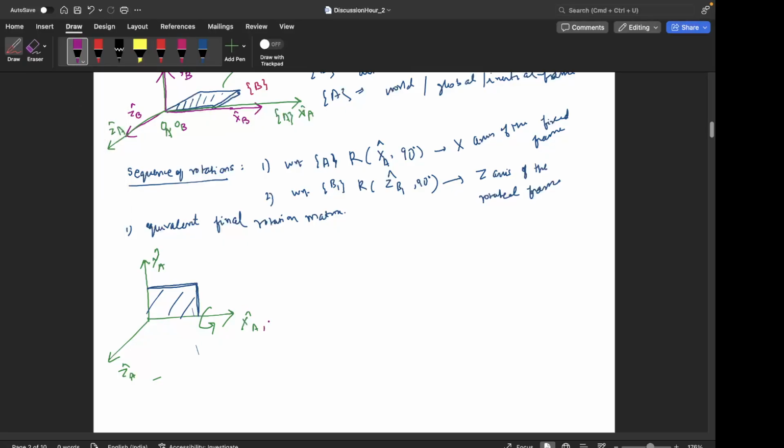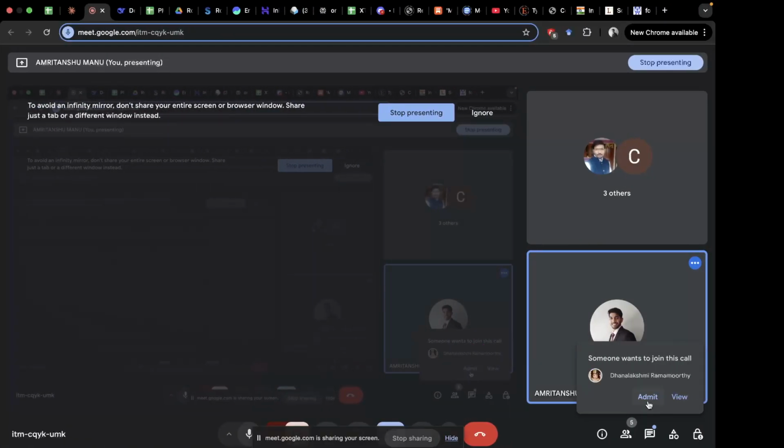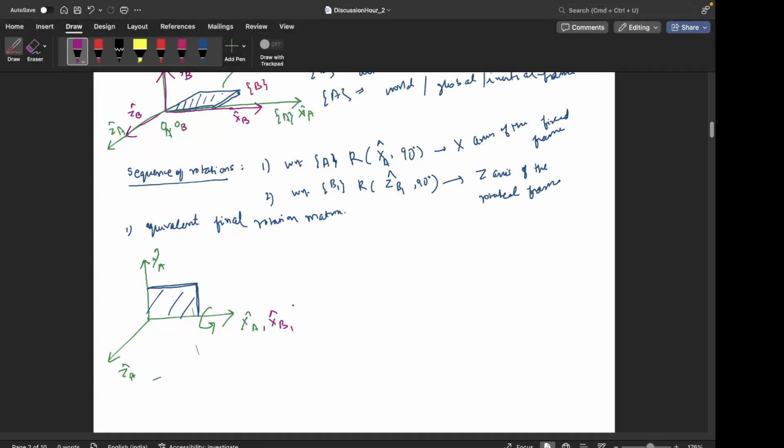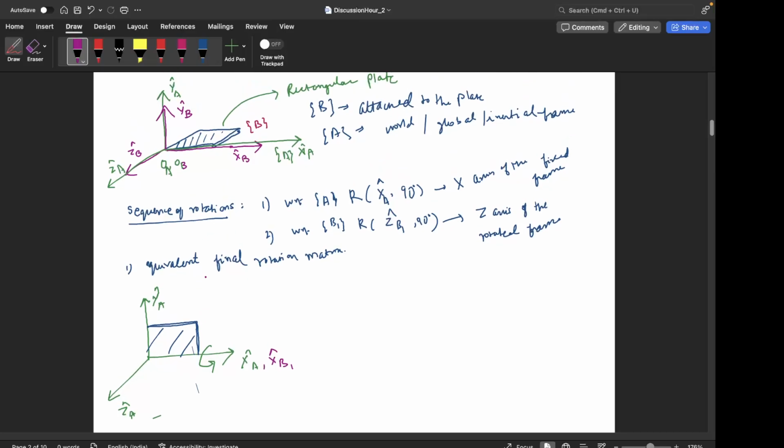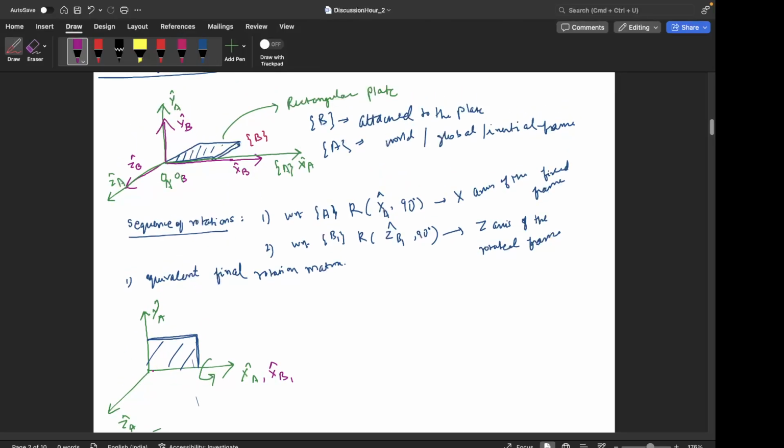So since we rotated about x, the x-axis would remain the same, and then the y-axis basically comes this side.